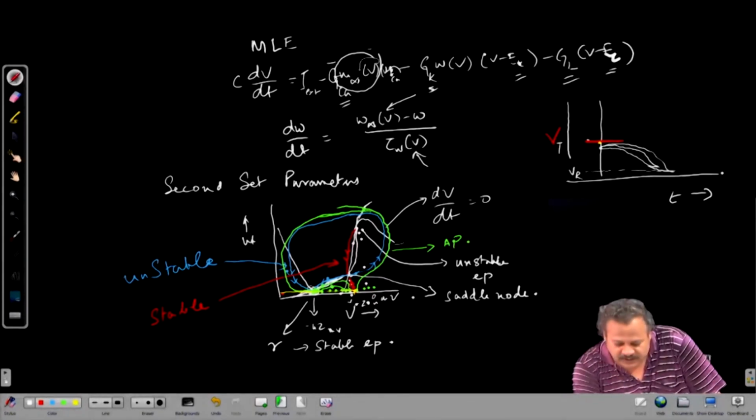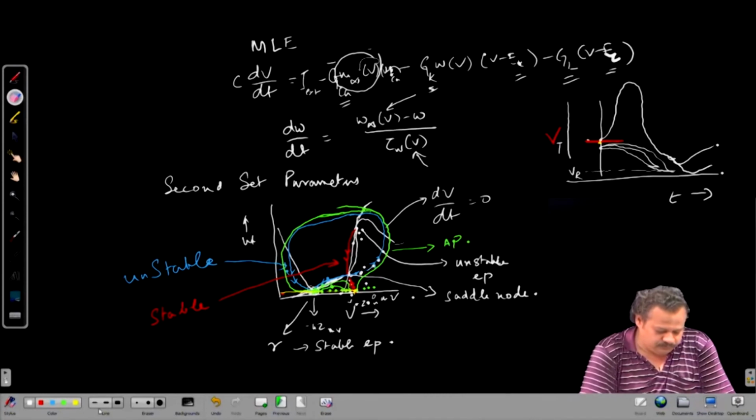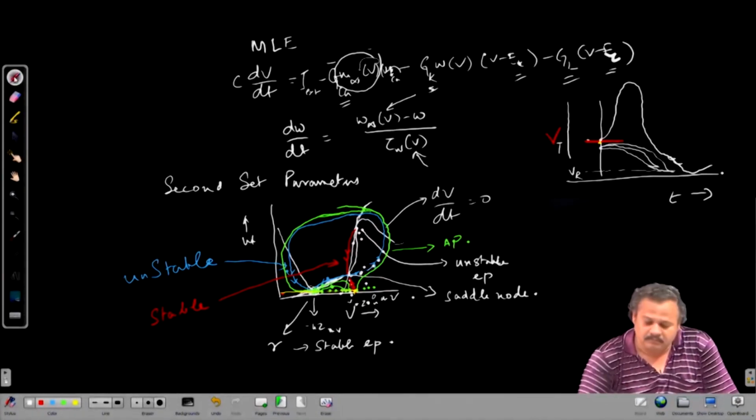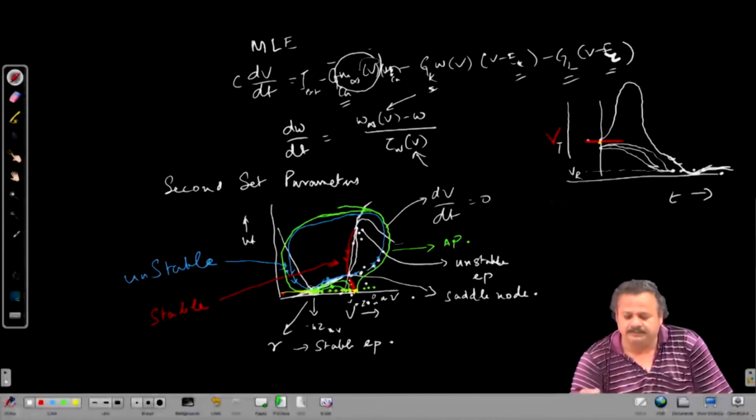As soon as we start the trajectory above the threshold, it will follow the other unstable manifold and will show this kind of behavior. I'm sorry, it will go down and go below the resting membrane potential and then go to V rest.